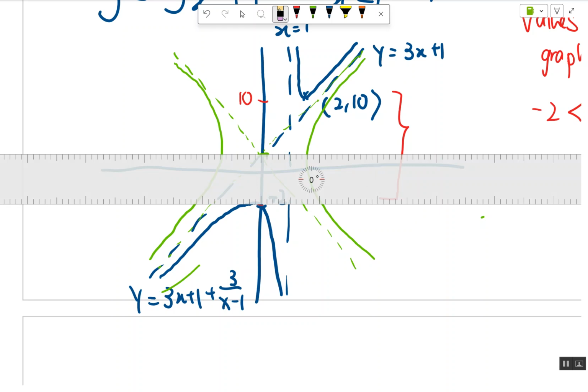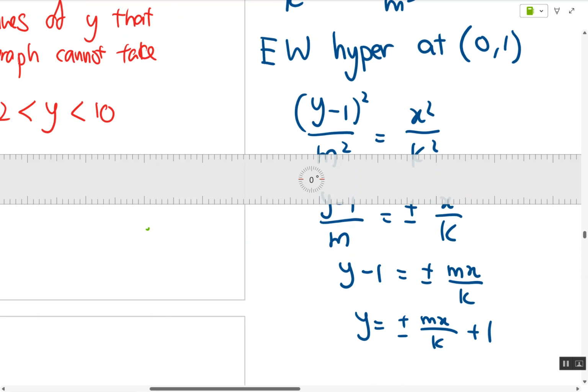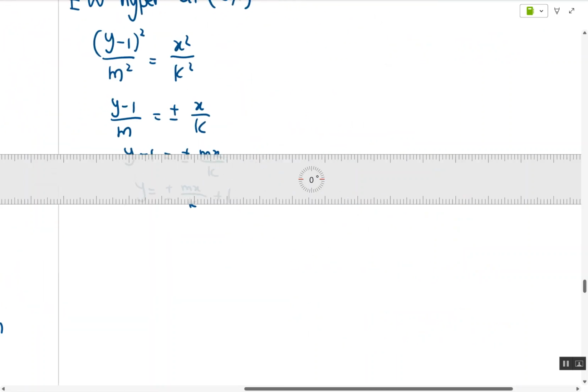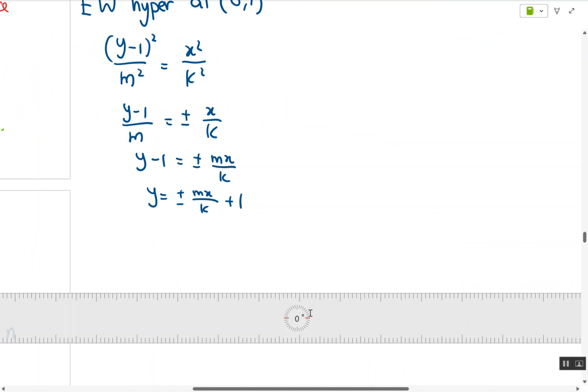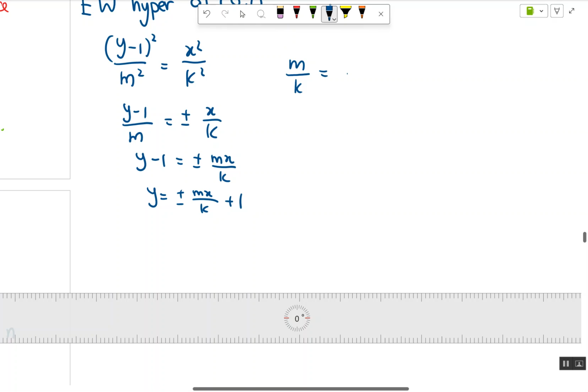Okay? So that's why the answer for this should be: you have to identify that m over k equals the gradient of the asymptote of the hyperbola. Okay?